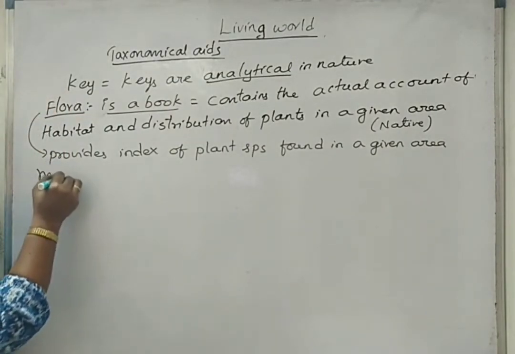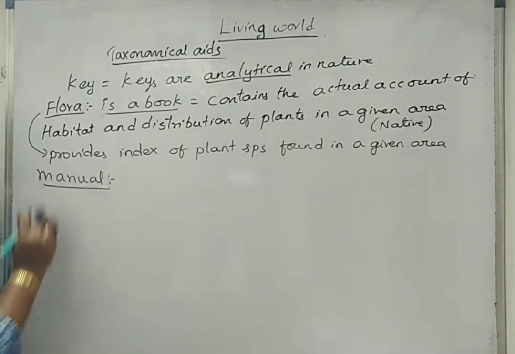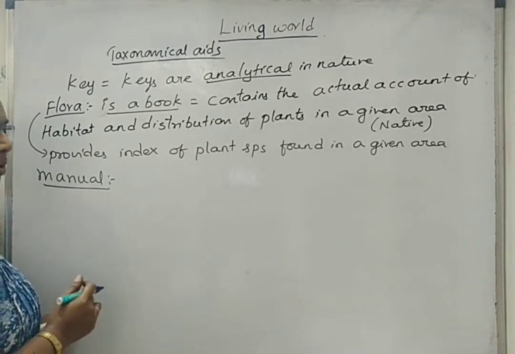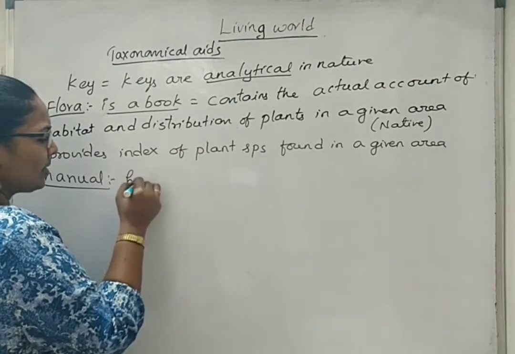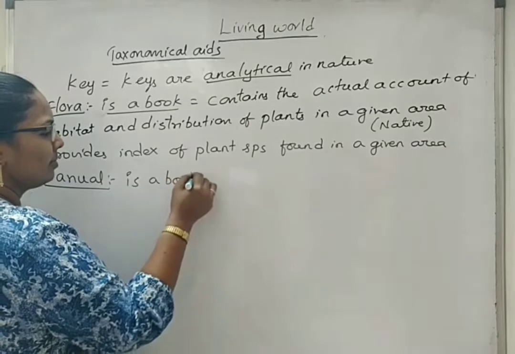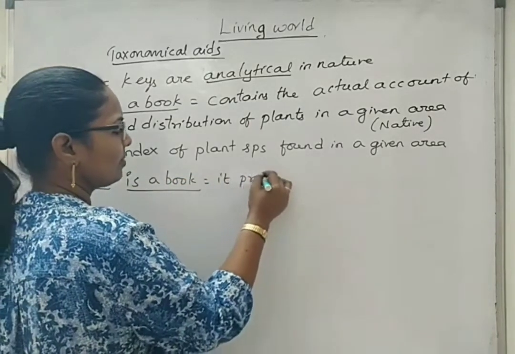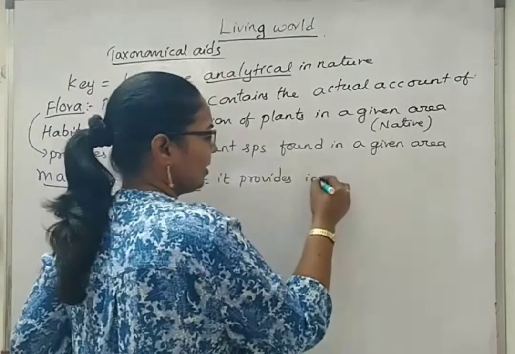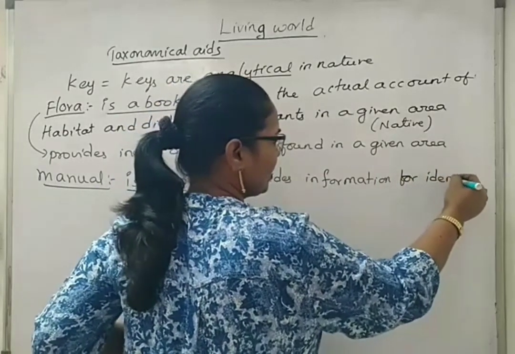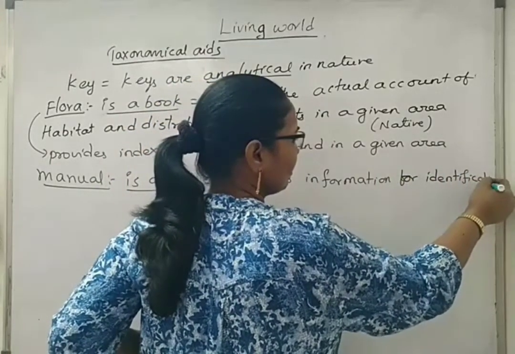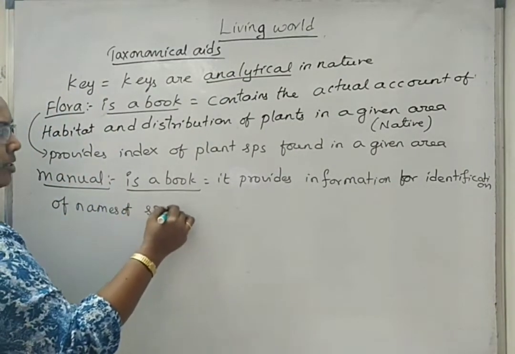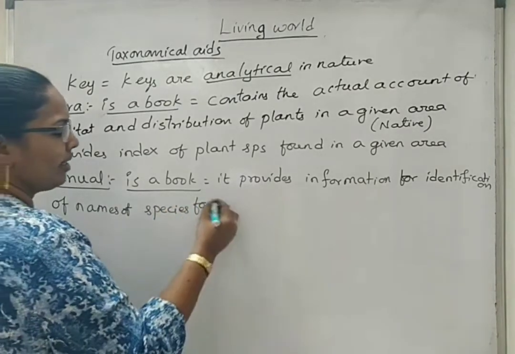Next taxonomical aid is manuals. Manuals help in providing information for identification of names of species. Manual is also a book. It provides information for identification of names of species found in an area.